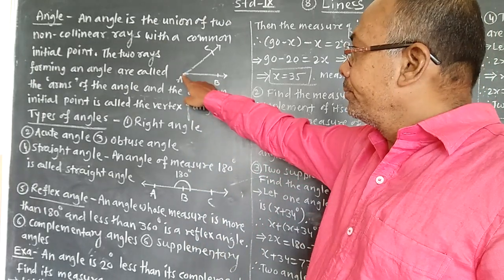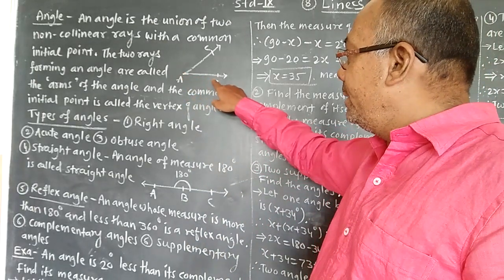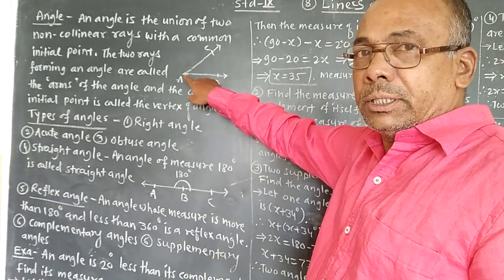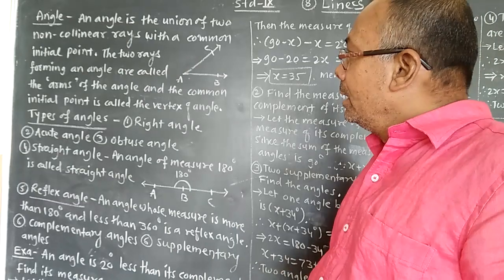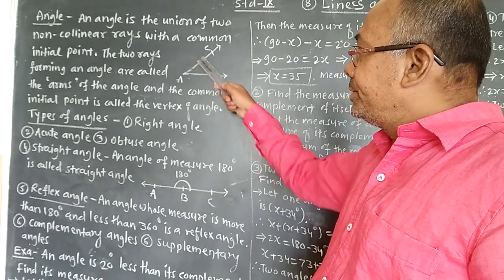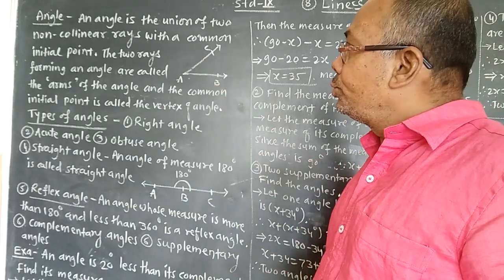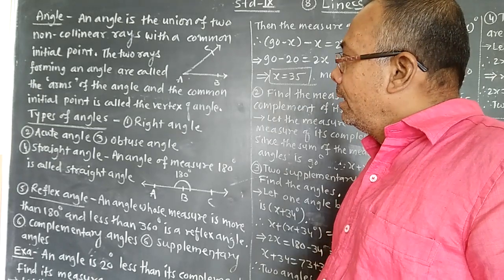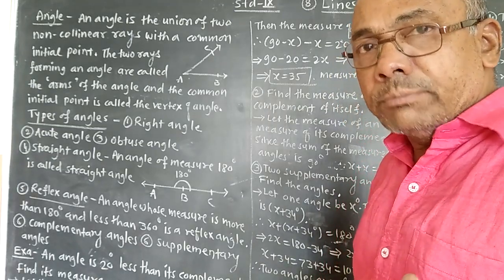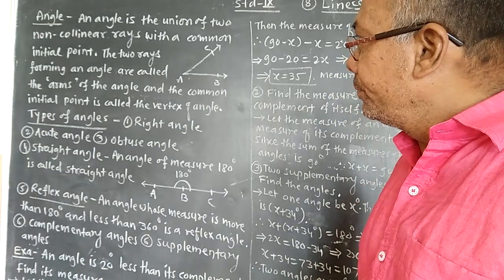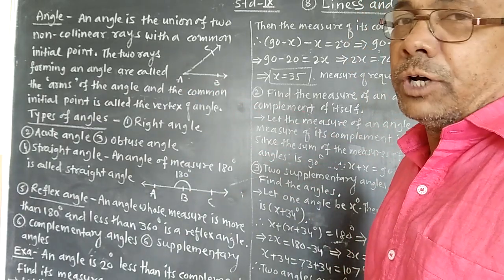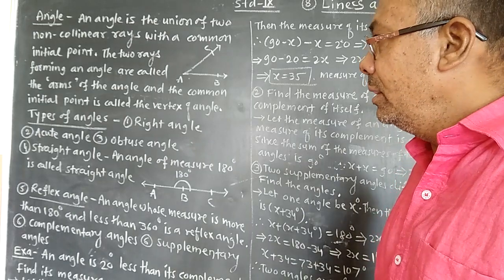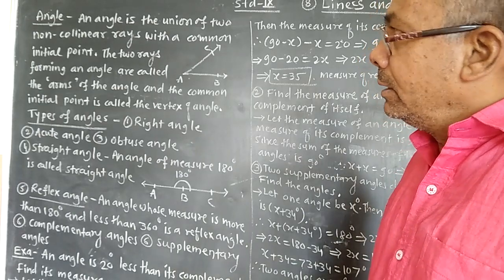A is the initial point of ray AB, as well as the initial point of AC. These two rays are called the arms of the angle, and the common point A is called the vertex of the angle.